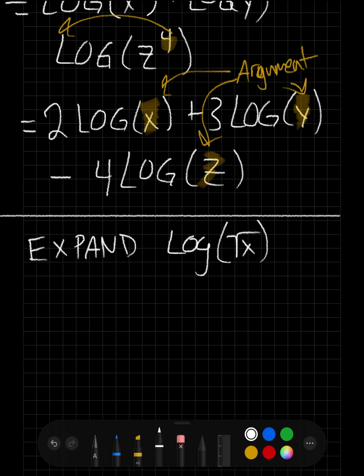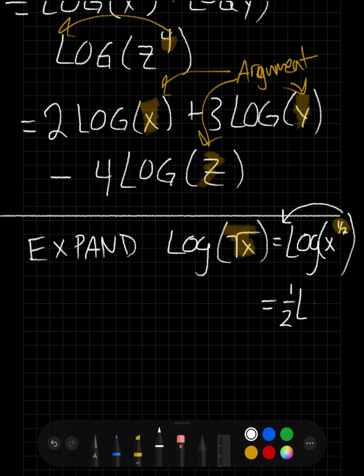There's a hidden exponent here. I can actually rewrite square root of x in this way. I can write this as the log of x to the 1/2 power. Now I have an exponent, and I can use my exponent rule to bring it down in the front as a coefficient. And so this would be 1/2 times the log of x.